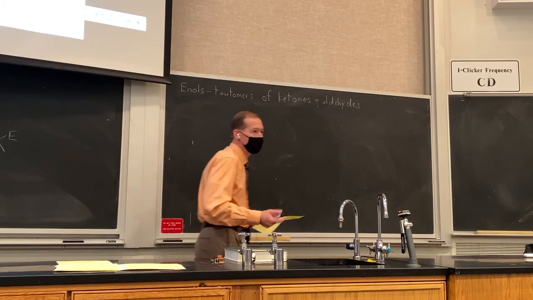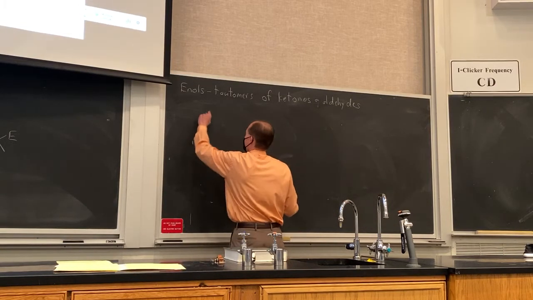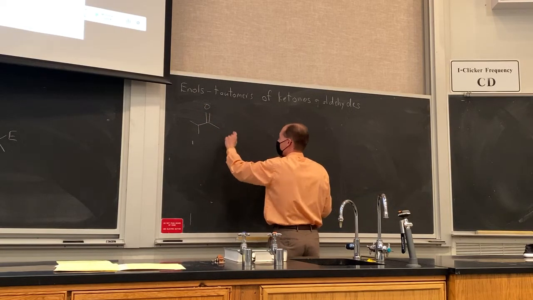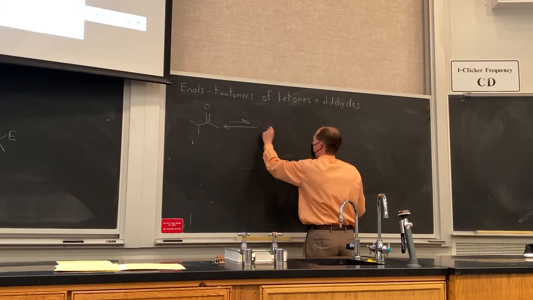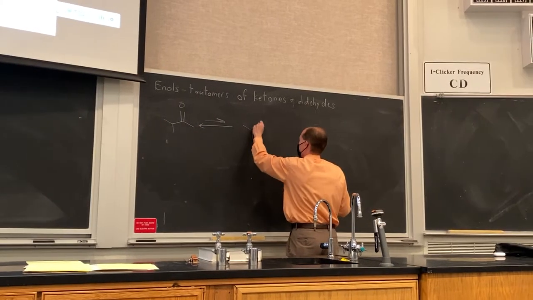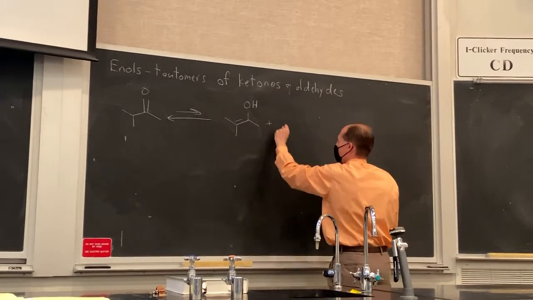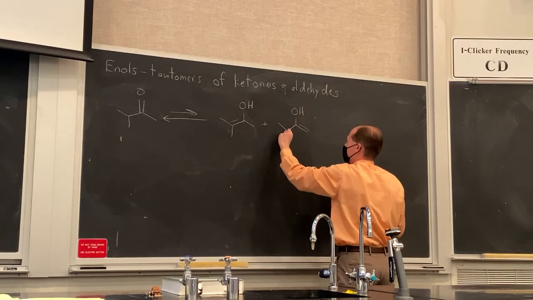So I mentioned it just now, and we learned it back in chapter 11. For a typical aldehyde or a ketone, the equilibrium strongly favors the ketone or the aldehyde. So for this particular ketone, there would actually be two enols because this is an unsymmetrical ketone. We have two different types of alpha hydrogens.